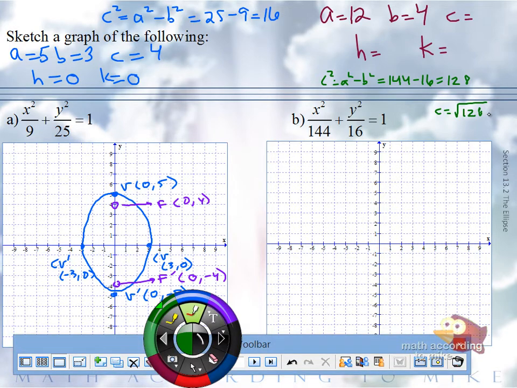Oh, 64 is the biggest. 64 goes into 128 twice. Look at that. So this is square root of 64, square root of 2. So 8 radical 2. So do not leave your answer as square root of 128. Clean that up.